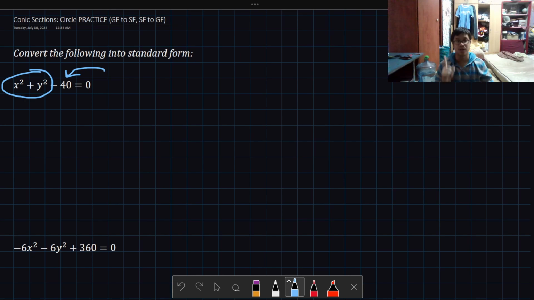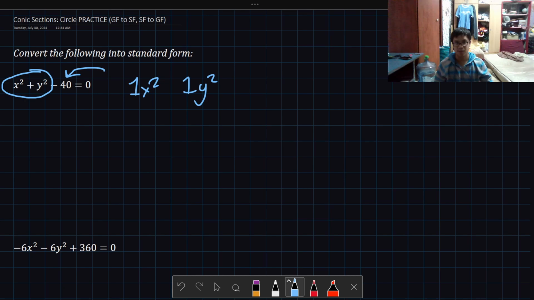But the very first thing to look at is the coefficient of x squared and y squared. Here we have x squared and y squared, which means the coefficient of each is 1, because x squared is the same as 1x squared, and y squared is the same as 1y squared.